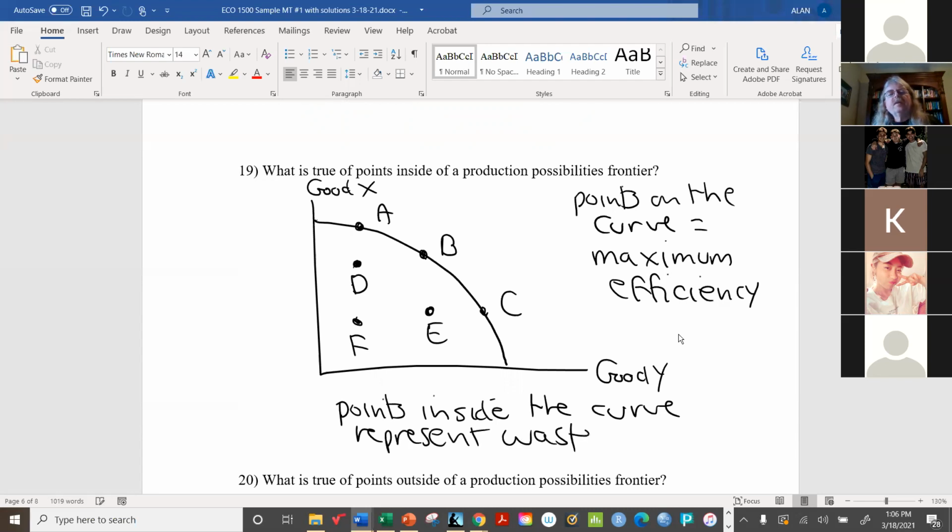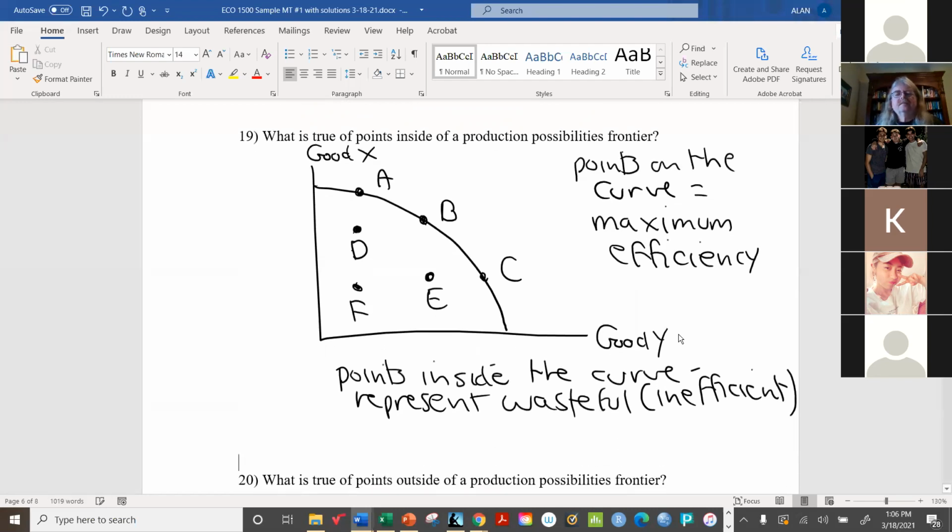And there's a lot of ways we can explain that. Wasteful or inefficient production. So if you're inside the curve, that means you're wasting resources. It's really that simple. You do not want that. Okay, you're a profit maximizing business or profit making company.